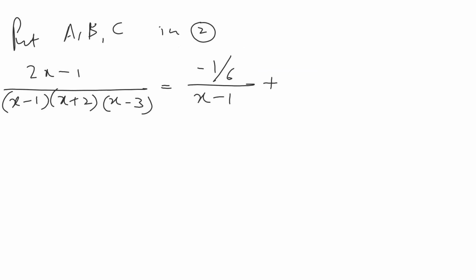The b value is minus 1 by 3, x plus 2, plus c. The c value is 1 by 2, 1 by 2, x minus 3.